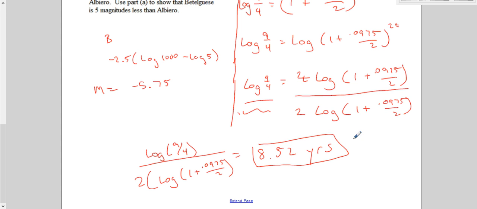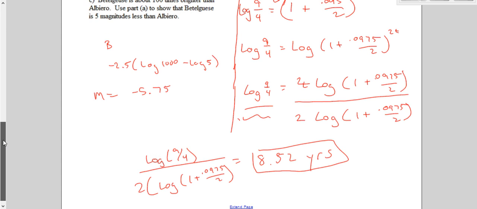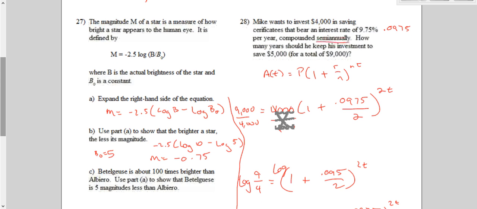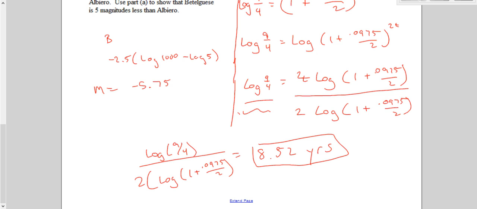So it's going to take about 8.5 years to earn $5,000 of interest. Okay? And that's it.